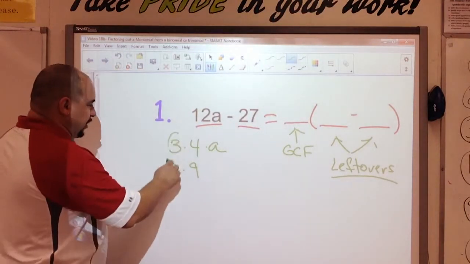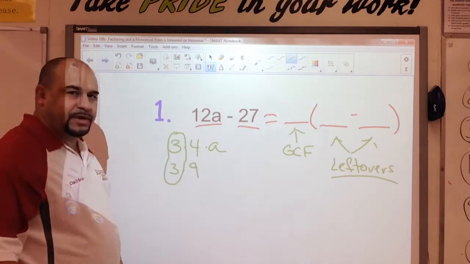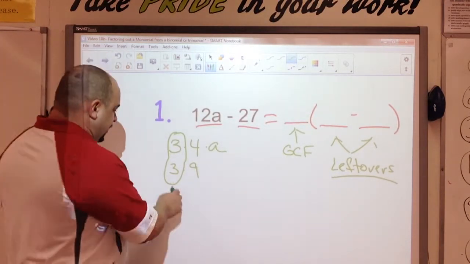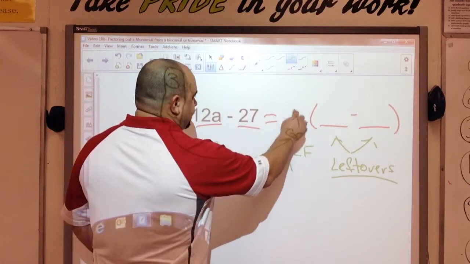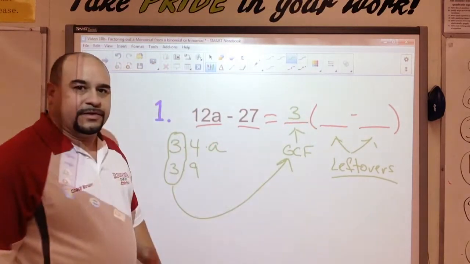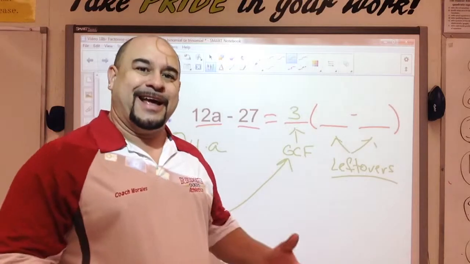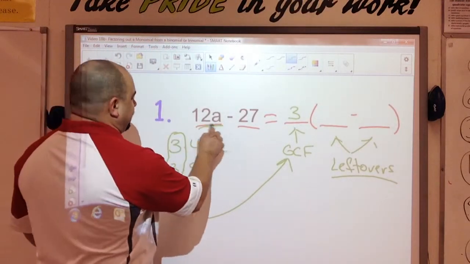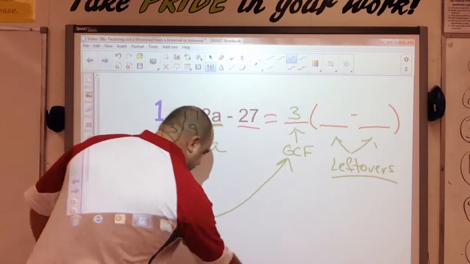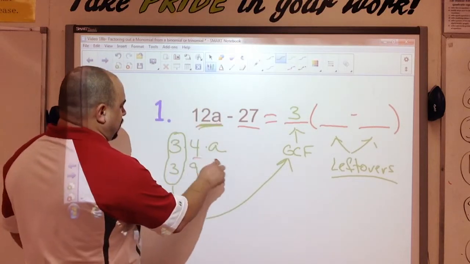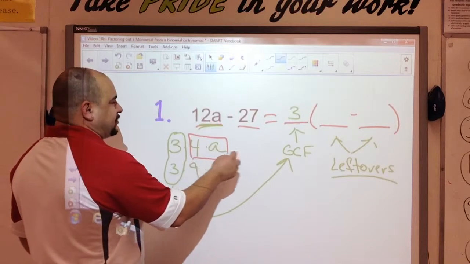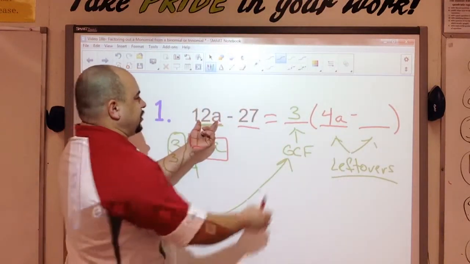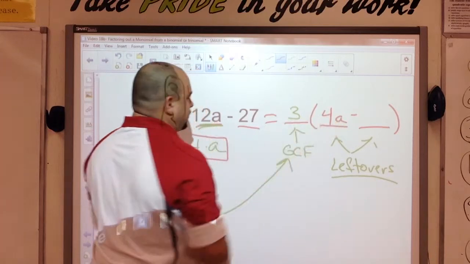Let's circle what's in both. Looks like just a 3. So the 3 is your greatest common factor, and that 3 is going to go here on the outside. Make sure you make a note of that. Now, let's deal with the leftovers. The leftovers from the first term are 4 and a, so 4 times a goes here. So it matches the first term. This is what's left over from my first term.